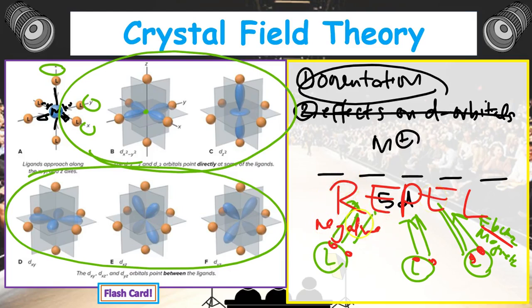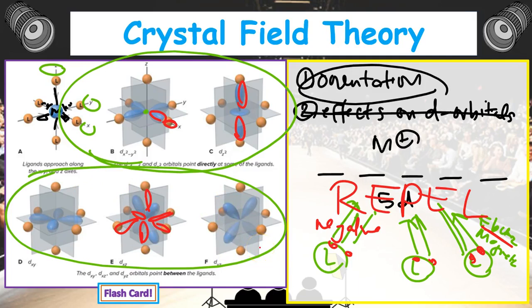If we have the ligands going directly toward and creating direct bonds with the lobes of the d orbitals, just like we see with this one as well, then the repulsion there is going to be way higher. Versus if we have the ligands making their bonds, these coordinate covalent bonds, between the lobes of the d orbitals, then the repulsion is much less. So we actually have a split. The ligands can approach directly to the lobes, and the ligands can approach between the lobes. And so orientation is going to matter.